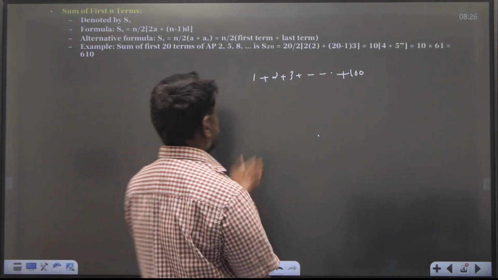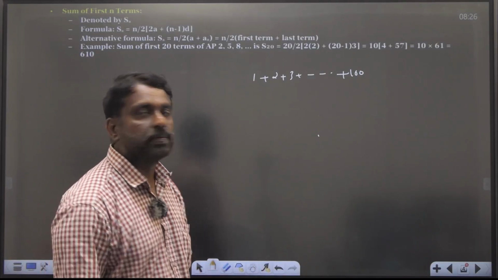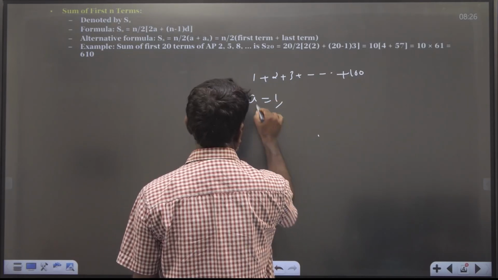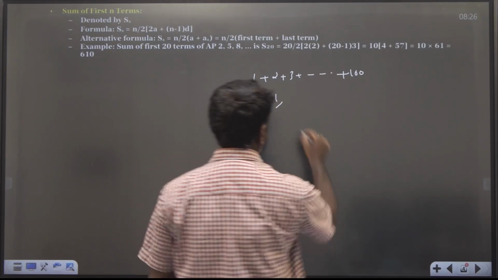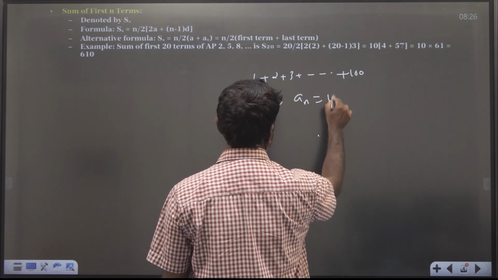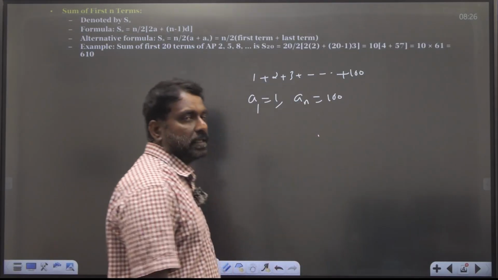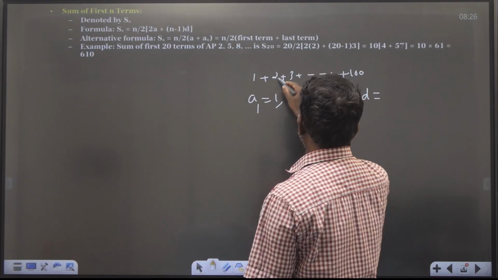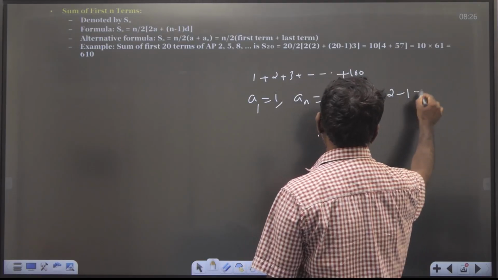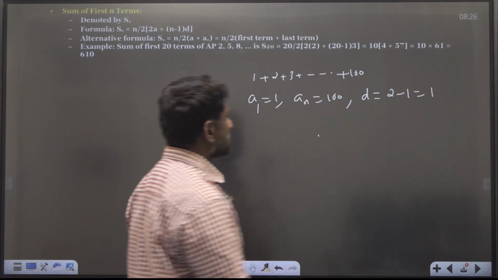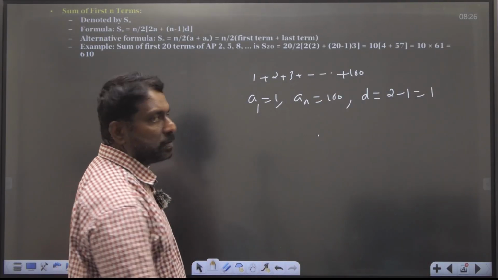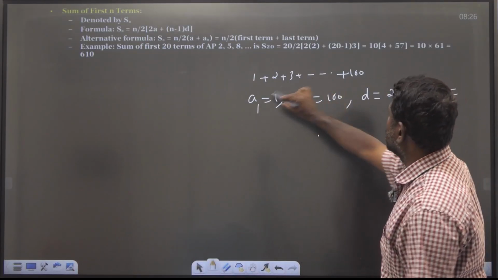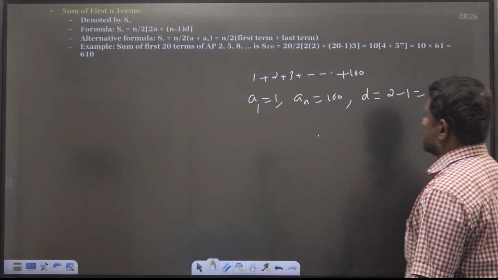Natural numbers are always in an arithmetic progression. Here a1 is equal to 1, last term an is equal to 100. What is the common difference? d is equal to 2 minus 1, that is 1. What is the number of terms? Total number of terms from 1 to 100 is 100.